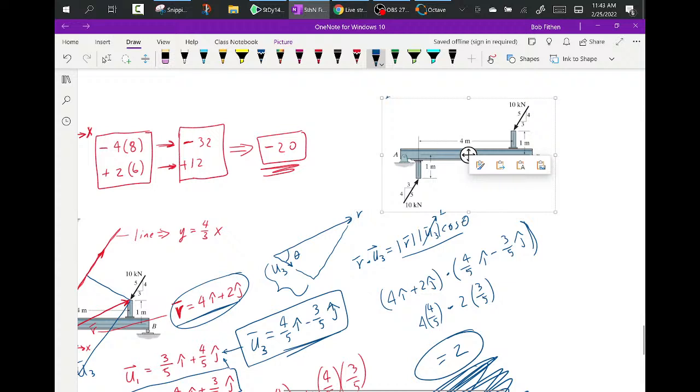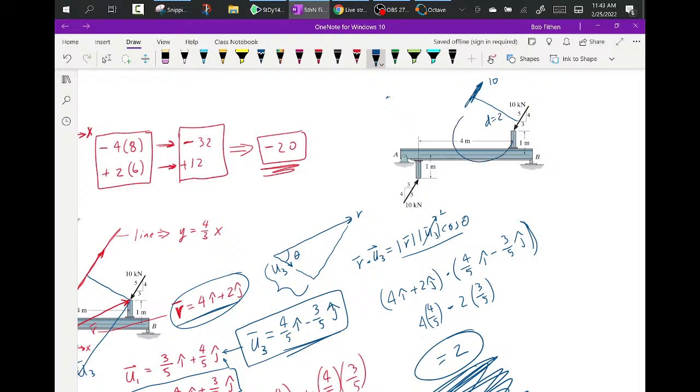Then this force that sits right here can be copied along its line of action. Put it right there, and it's still 10. And the distance between these is 2.